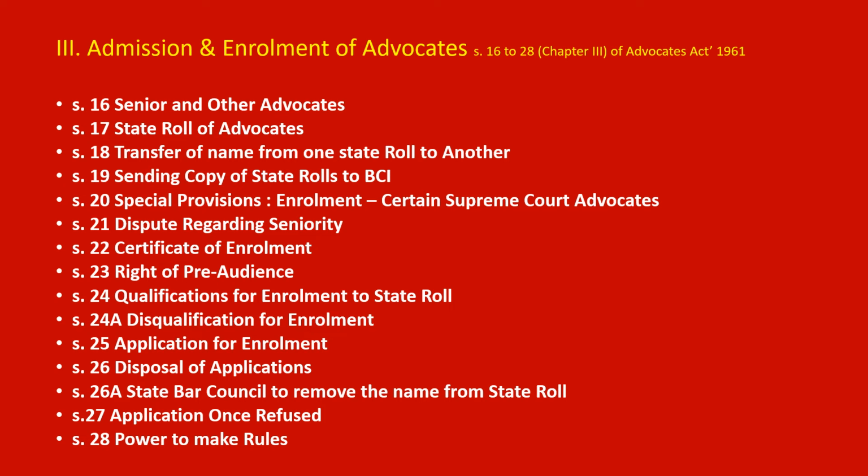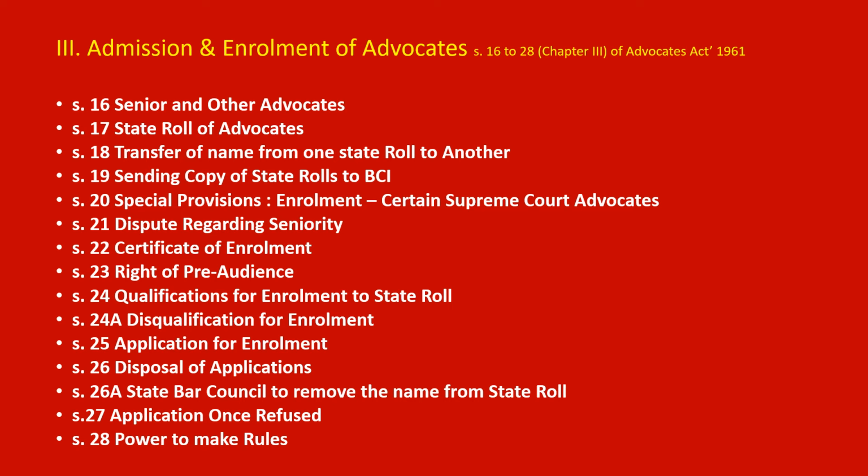Section 28, in the last, talks about the power to make rules. It says that State Bar Councils may make rules. They can make rules regarding the time and form of expression of interest by the advocate, which is mentioned in section 20. They can also make rules for the form of applications to the Bar Council of India.